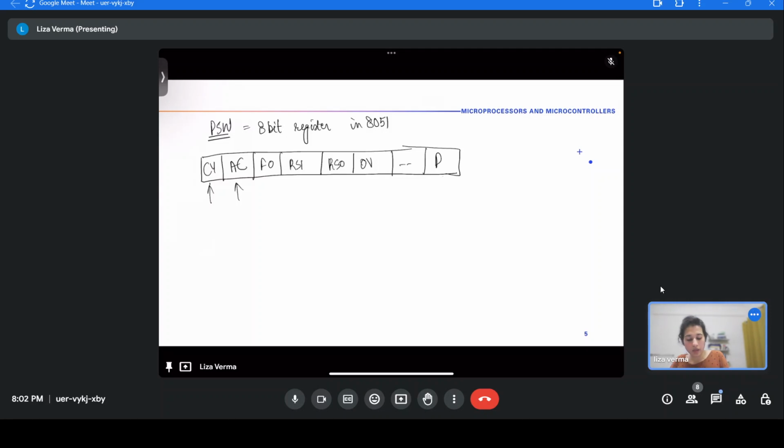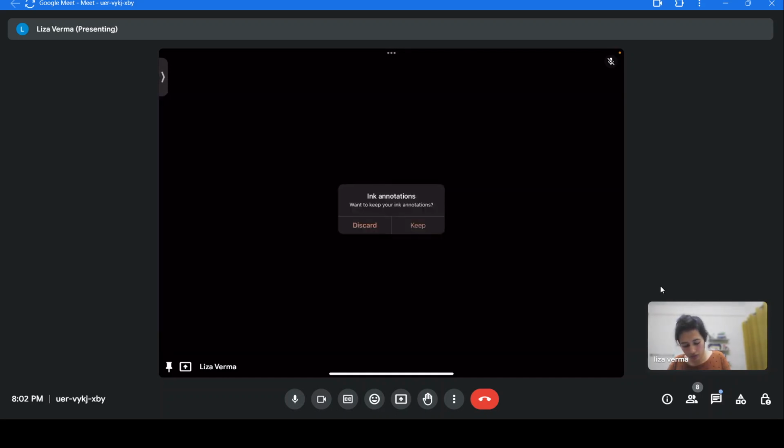I think you understand what these are. Carry, auxiliary carry. Parity is also known. Overflow is when you have overflow from the arithmetic operations, right? This is a programmable flag. We didn't have this in 8085. RS1 and RS0, what are these? By using these two bits, we can select the corresponding register bank.